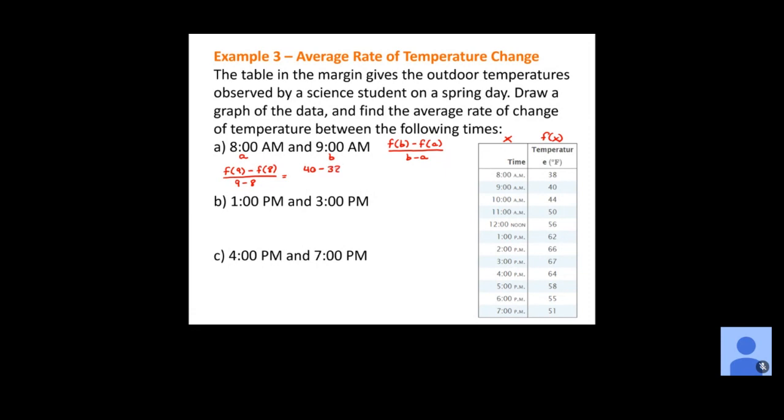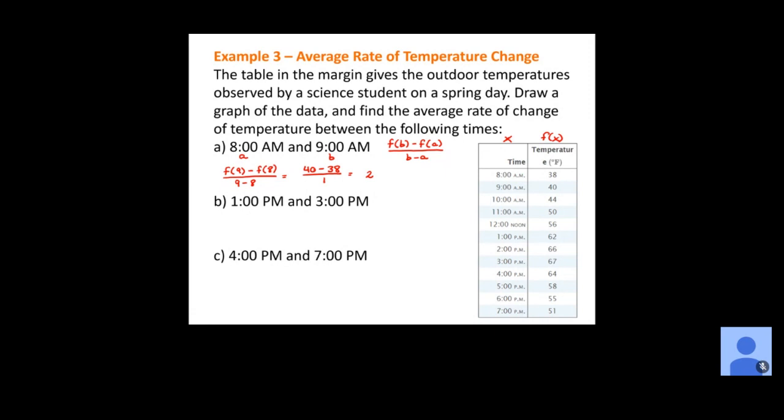Good. And we're going to put that over 9 minus 8, which is just 1. And so now when I subtract and simplify that, what am I going to get? Just 2, right? So 2 over 1, which just gives us 2.